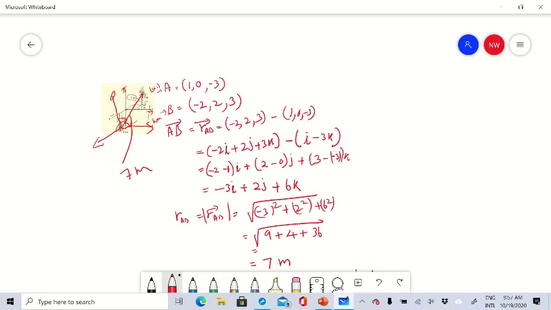So this is how we can use the position vector concept and unit vector concept to solve this type of problems, right? So we are going to use this concept in mechanics. Still not, we are applying this concept just to find the force. Here we use these concepts, but in coming lectures we use all these concepts in mechanics problems.